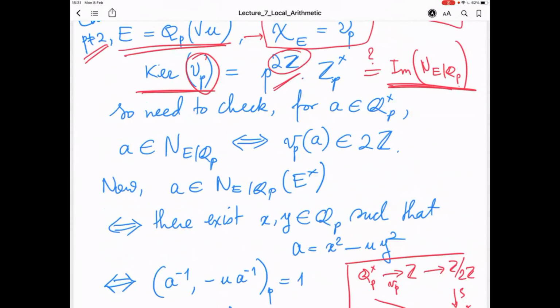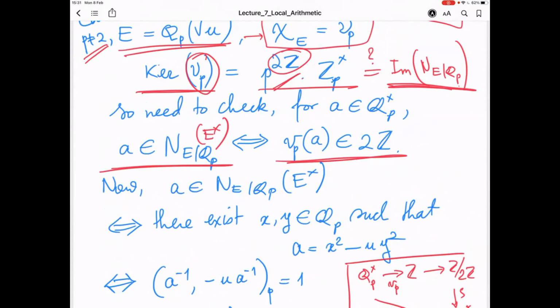So the kernel consists of precisely those things whose valuation is even. We have to check that something is in the image of the norm map if and only if the valuation is even, and we will be done, right?